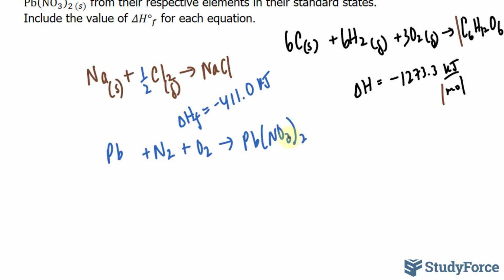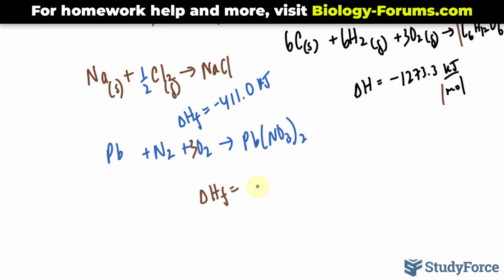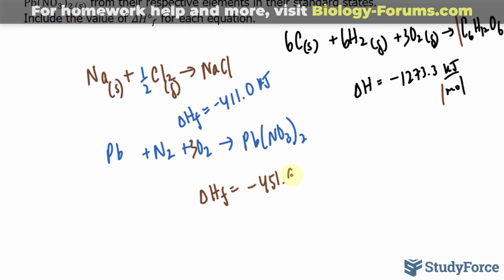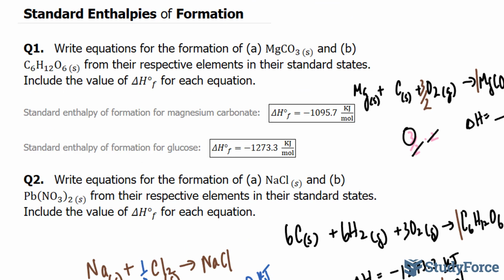There are 6 oxygens on the right side, so we put a 3 here, and that's it. Its standard enthalpy of formation, according to the index that I have, is equal to negative 451.9 kJ per mole. And there you have it. That is how to write equations along with the standard enthalpies of formation.